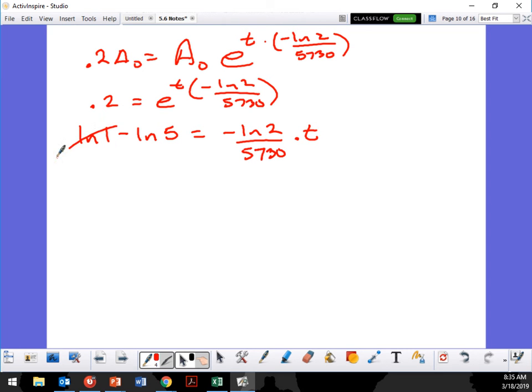The ln 1 goes away. 2 negatives make a positive. So it's going to be basically 5730 ln of 5 over ln of 2.